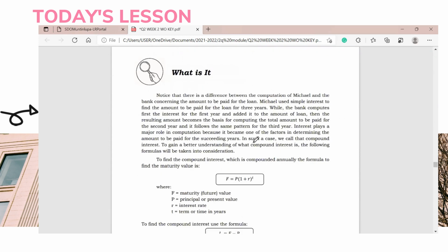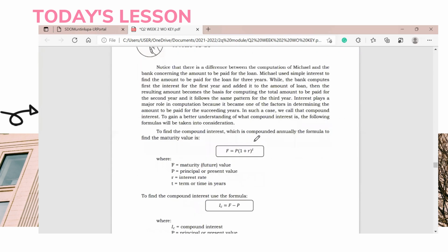So now, we will proceed to finding the future value and the compound interest. For us to find the compound interest, which is compounded annually, the formula to find the maturity value is this one.